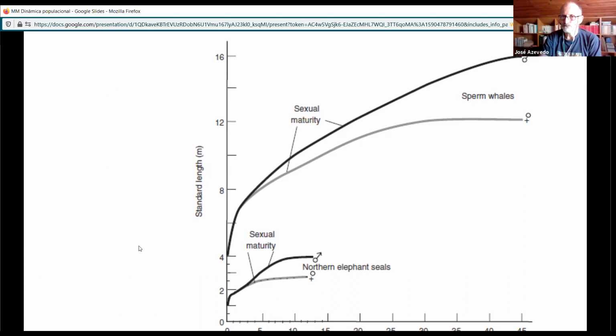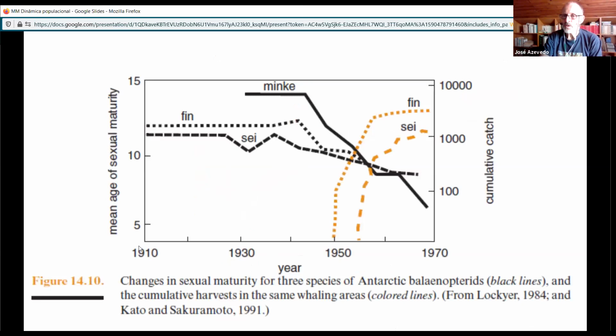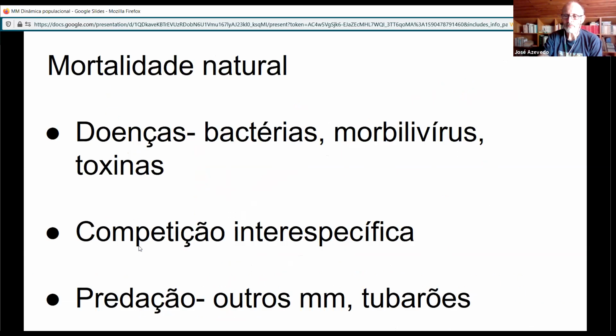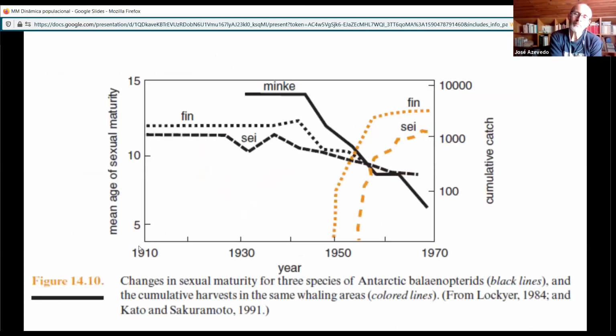Okay. But this other line here, and this is almost the last slide. These things have a genetic element, but they're also flexible, right?